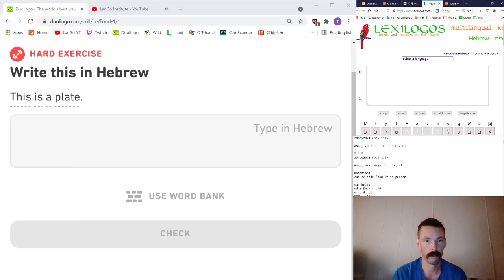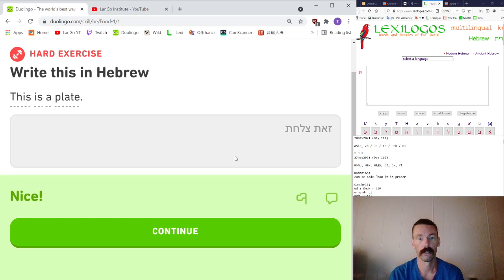Zain, Aleph, Tav. So I can type Z-A-T. It's probably not the sound, but it gets the letters. A plate. Tzelechata. Tza, capital S. La, capital H. Yes. And then a tav. Feminine ending. Okay.